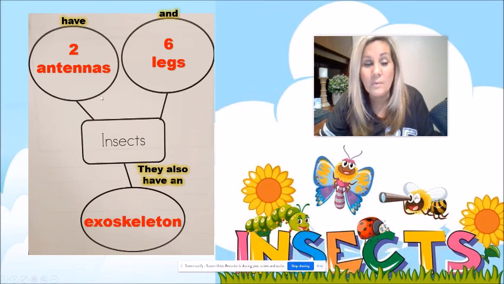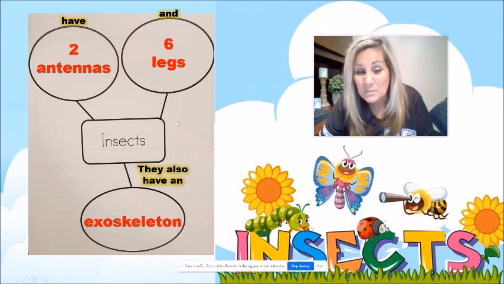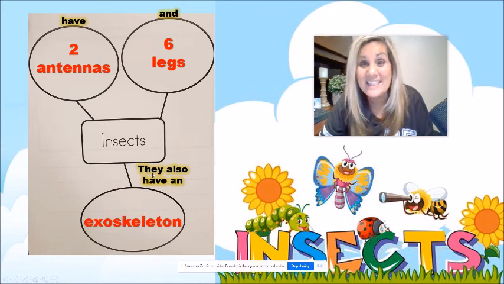Insects. I'm going to go all the way up here. Follow my buzzer. Have 2 antennas and 6 legs. Then we're going to come down here for sentence number 2, okay? And we're going to say they. Ready? Here we go.